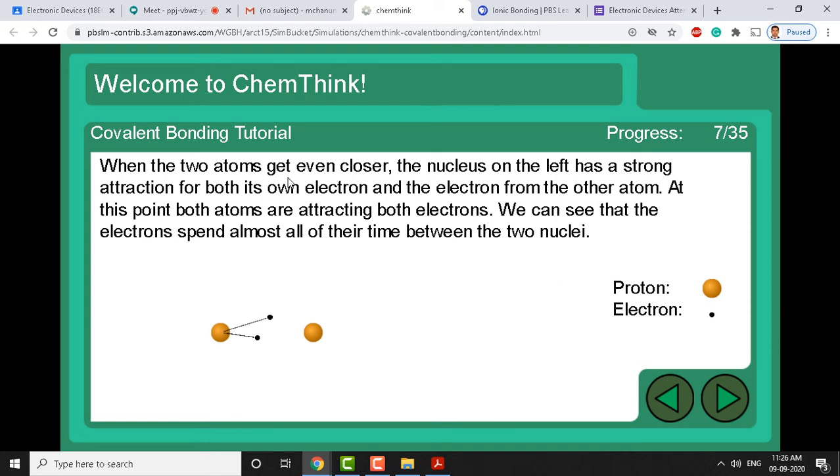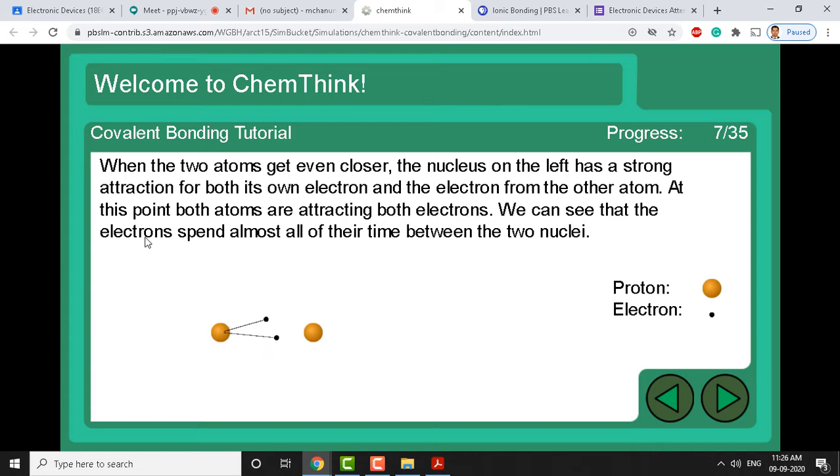So when the two atoms get even closer, the nucleus on the left has a strong attraction. When you bring them very close to each other, you can see attraction for both its own electron and the electron from the other atom also. You can see this electron is attracted because the nucleus present here attracts its own electrons as well as the electron from the other atom. At this point, both atoms are attracting both electrons.